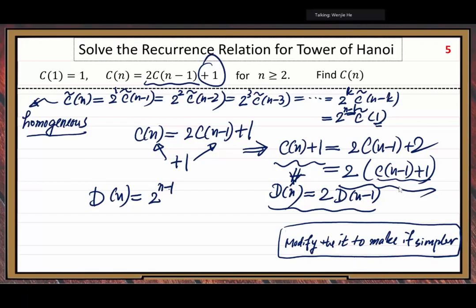So then you can go back: C of n plus 1 equals 2 to the n minus 1.